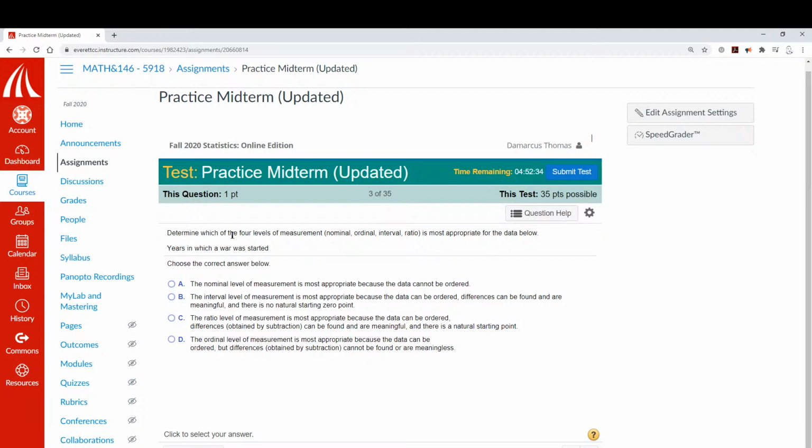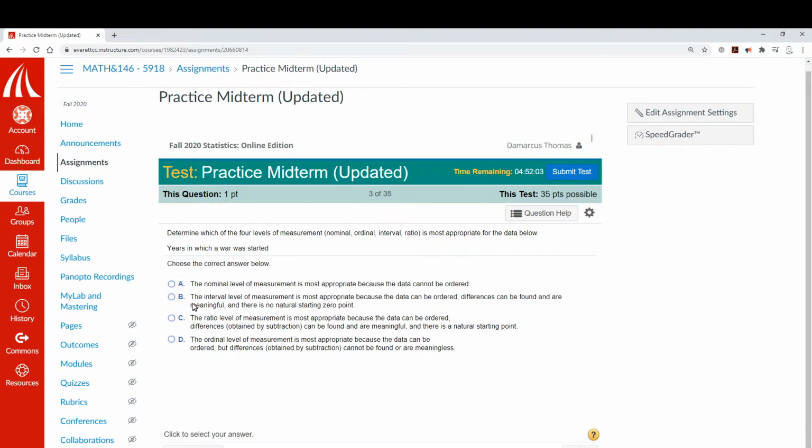Determine which of the 4 levels of measurement is most appropriate for the data below. And it says years in which a war was started. And then we have nominal. It says the nominal level of measurement is most appropriate because the data cannot be ordered.